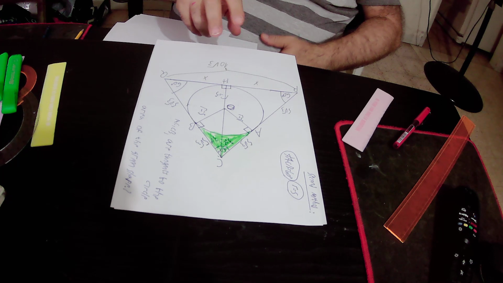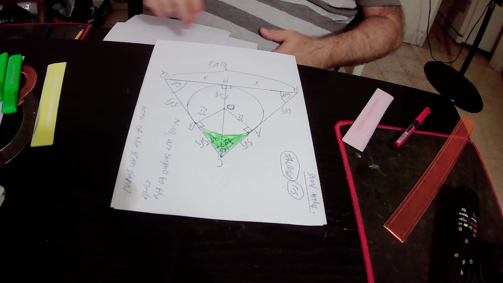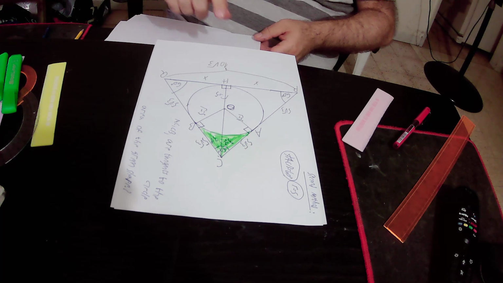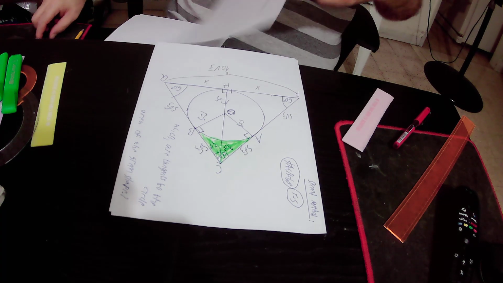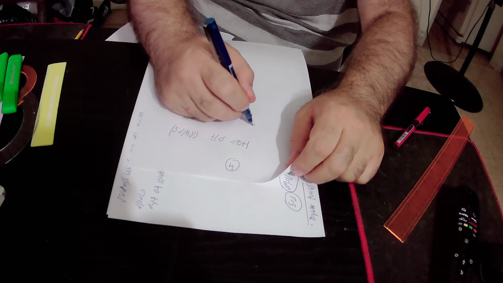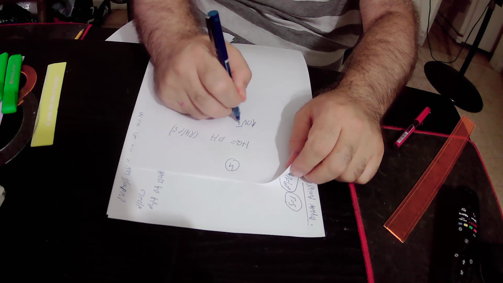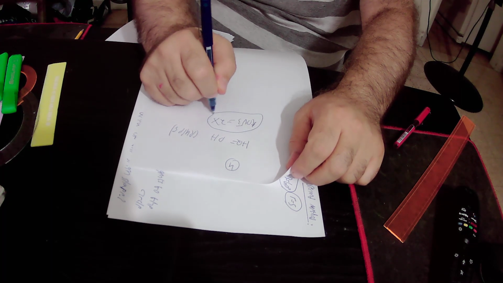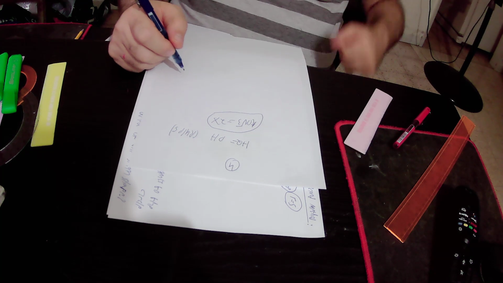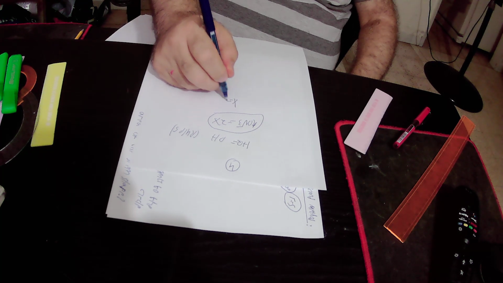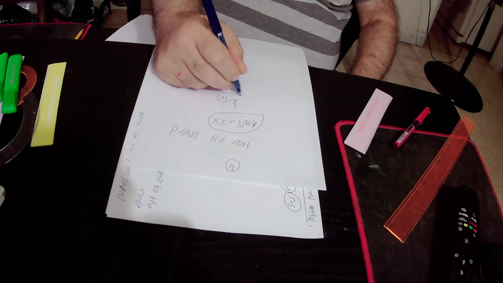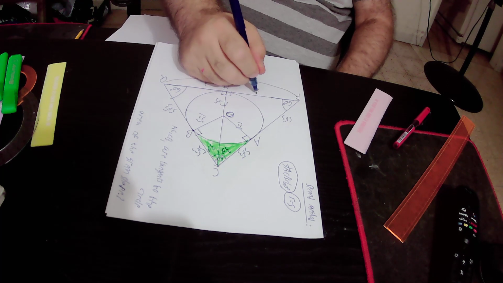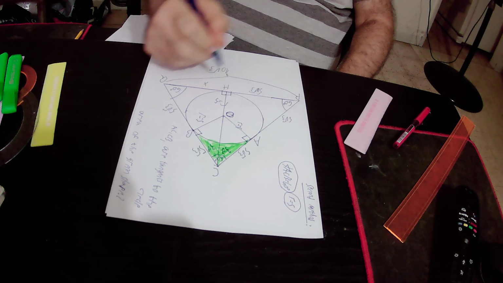But from the other side, PQ also equals to X plus X. So we can write down that 10 times root 3 equals to 2x. Here we will divide this equality by 2 and we will get that x equals to 5 times root 3 units.